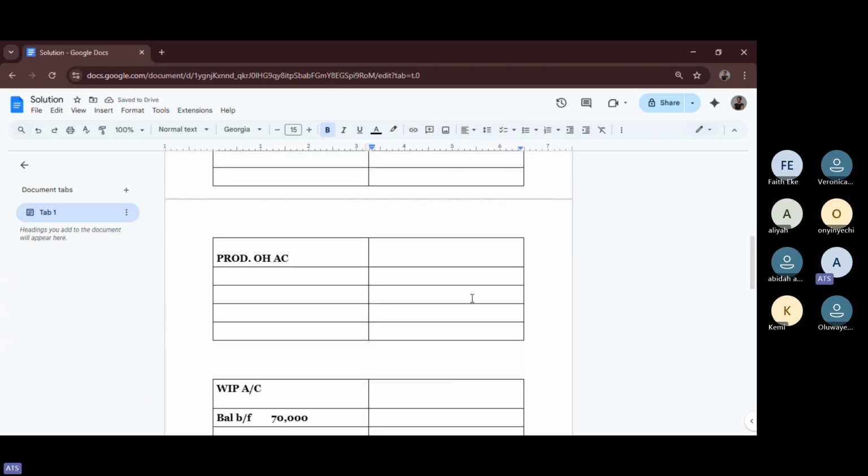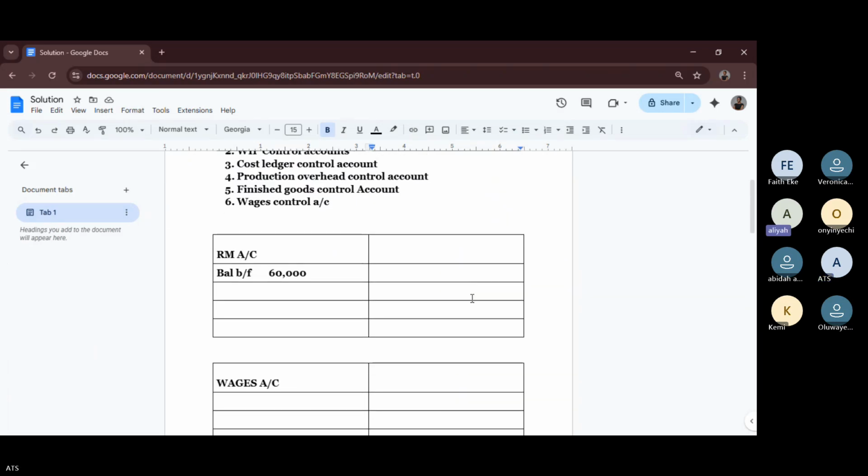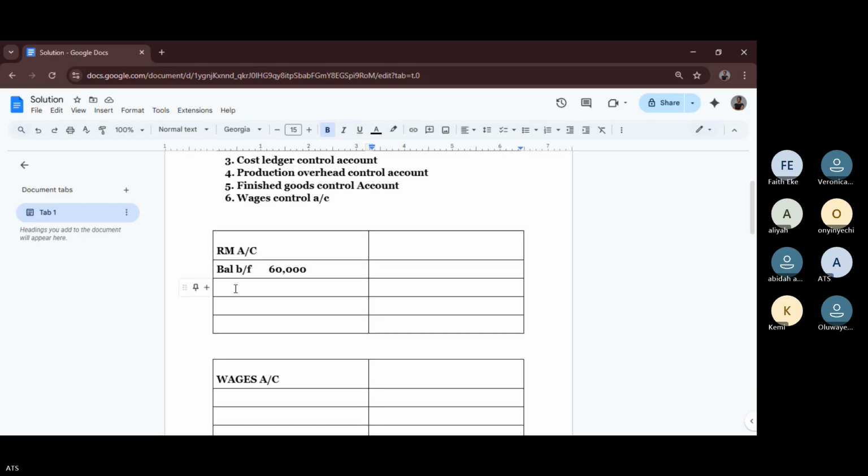Now, what's the next thing? We are told that we purchased raw materials. So what's the double entry for that? Debit raw materials account and credit cost ledger control account. Exactly. So let's put cost ledger.